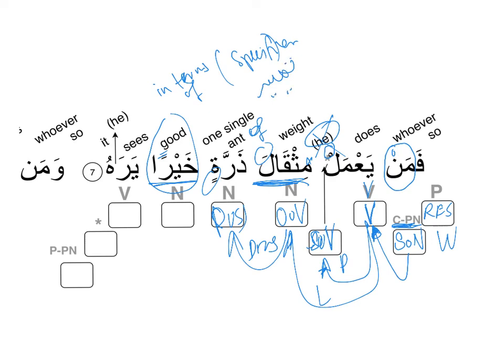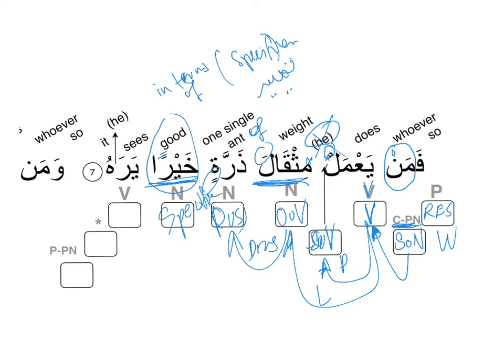Okay, so you can translate it literally as whoever does an atom of weight in terms of goodness. Okay, in terms of goodness, not in the state of goodness, right? And in fact, you can also say it's object of verb, but it's more of a specifier.